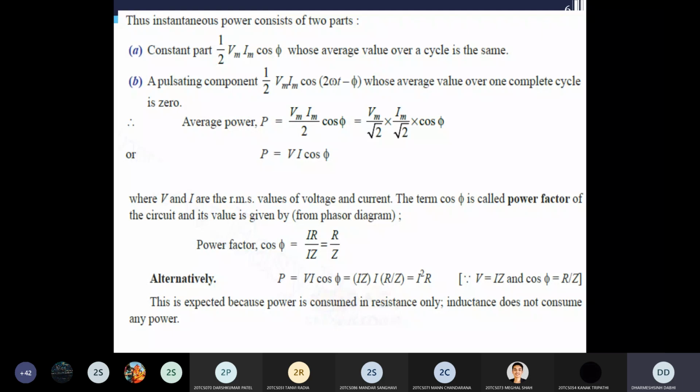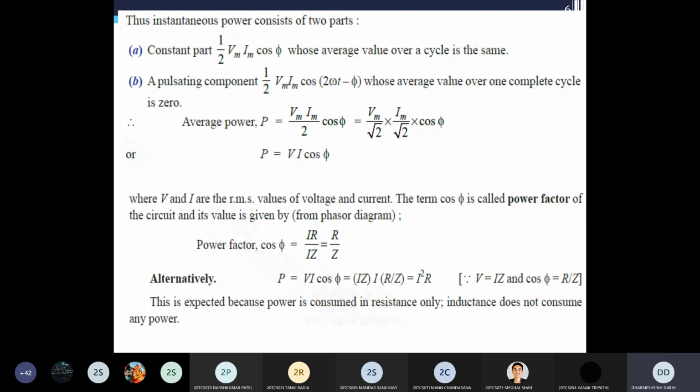In a resistor circuit, power is consumed. Whatever power you give to the resistive load, all of it is consumed by the resistor in terms of heat. Inductance as well as capacitance do not consume any power, because whatever power you give to the inductance and capacitor, the same power is given back to the source after some time period.